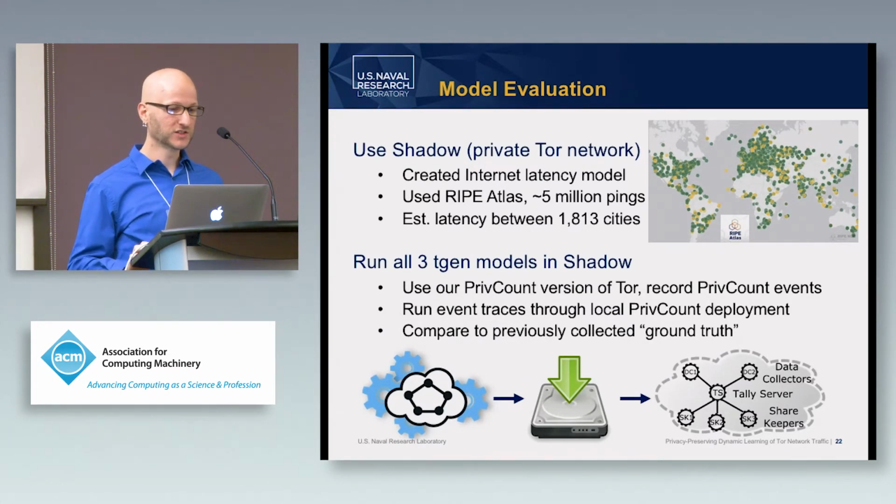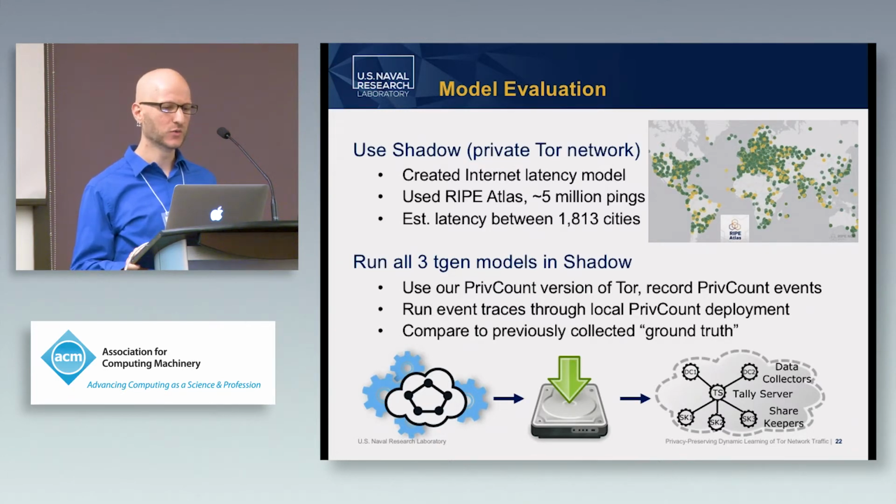We then ran each of our 3 tgen configurations in Shadow. When doing this, we used the same Tor version that we ran on the live Tor network, which is capable of exporting the PrivCount events that we need for counting the ground truth statistics in Tor.